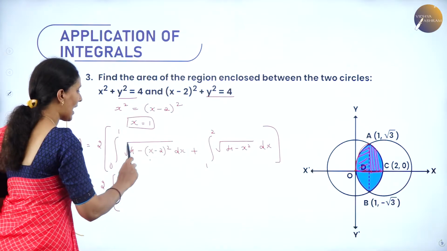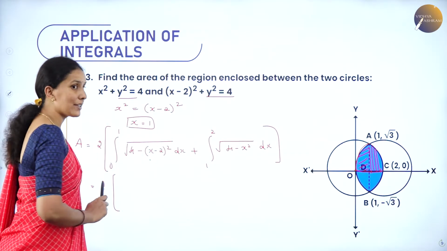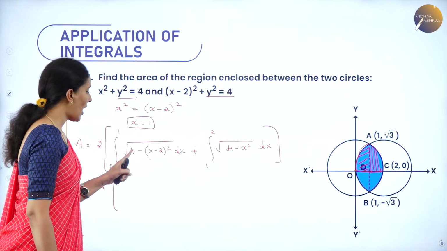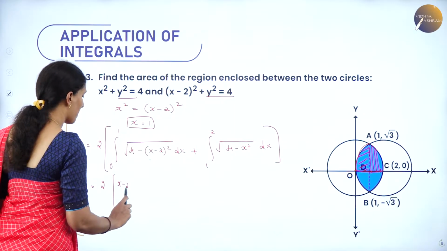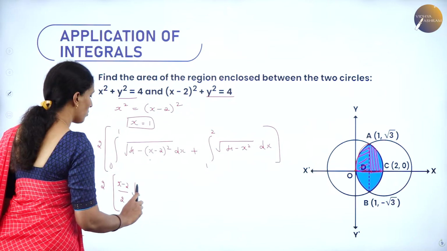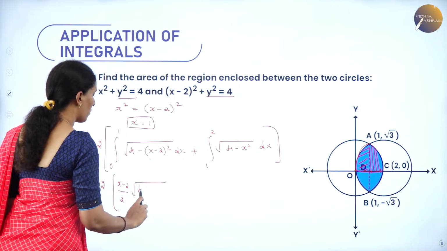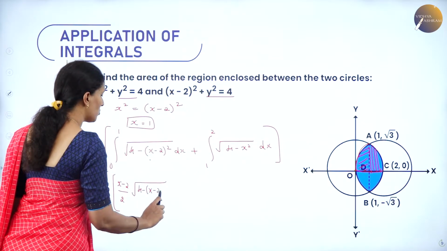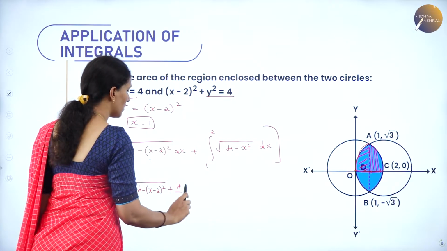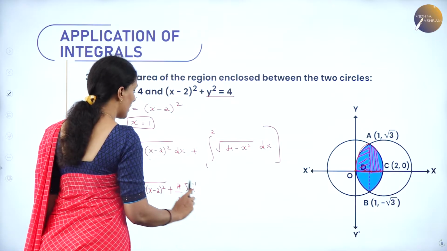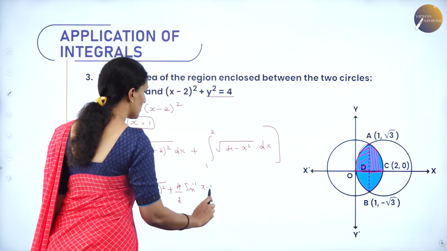Let us apply the standard integral. This is of the form a square minus x square. Value of a is 2. So now x by 2 square root of this is 4 minus (x minus 2) whole square plus a square is 4 by 2 sine inverse x by a, that is (x minus 2) by 2.